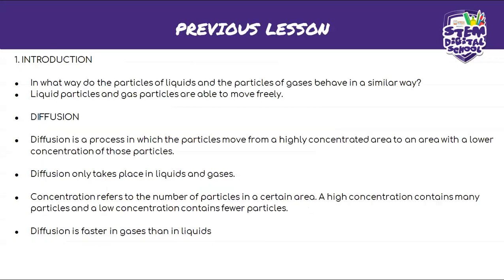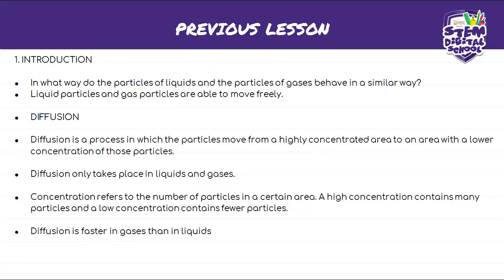Now, introduction. In what way do the particles of liquids and the particles of gases behave in a similar way? Previously, we learned that liquid and gas particles are able to move freely. Yesterday we were looking at diffusing, and we said diffusing is the process in which the particles move from a highly concentrated area to an area with a lower concentration of those particles.